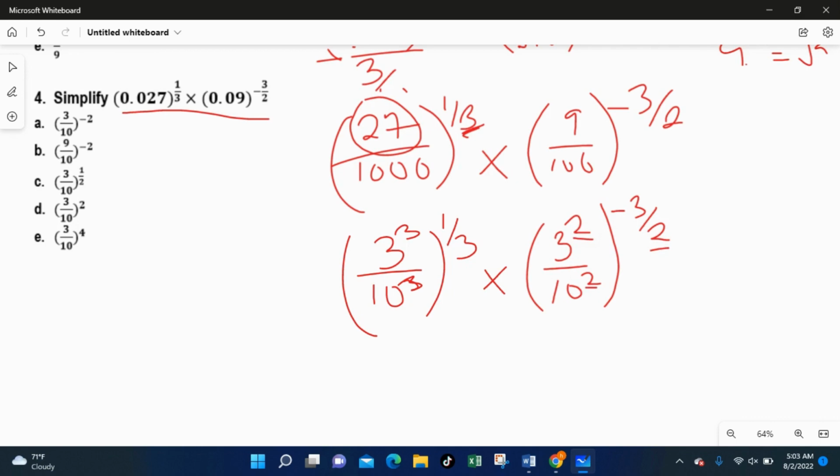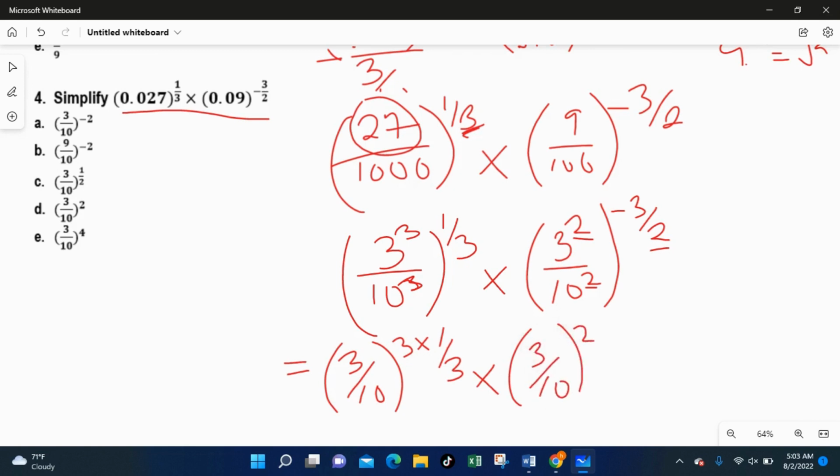So we'll go ahead to simplify for that. That will give us 3 over 10 raised to power 3 times 1 over 3, times 3 over 10 raised to power 2 times minus 3 over 2. So you see, 2 cuts 2, while 3 cuts 3.